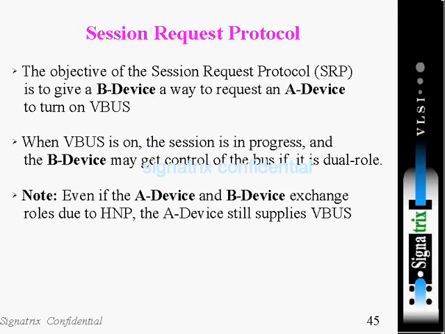It has to get the power from A device, so B device has to take some power from A device at the initial phase. Then note, even if the A device and B device exchange their roles due to HNP, the A device still supplies VBus. I think your doubt is clear now.